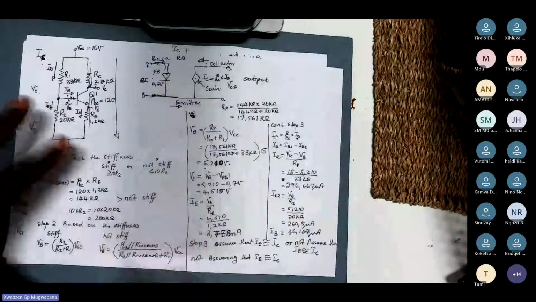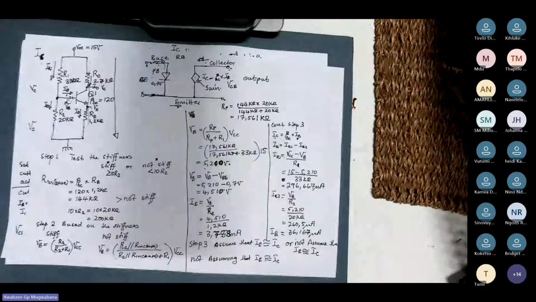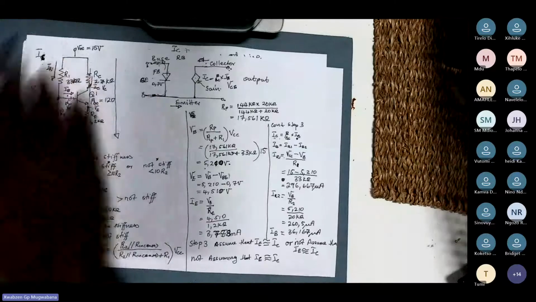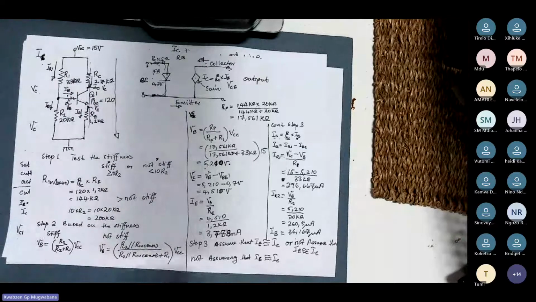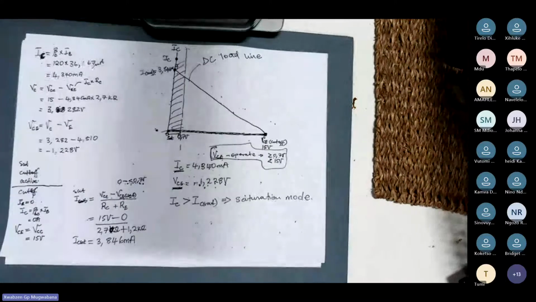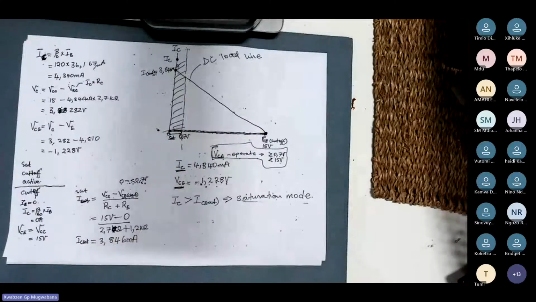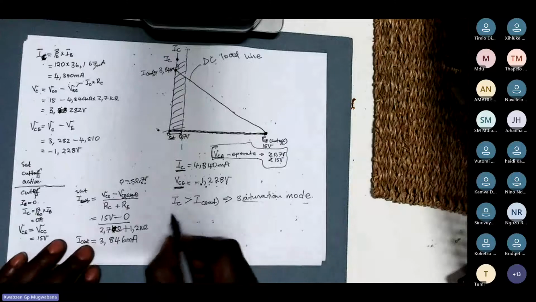But now, based on this calculation of ours, we have seen that this magnitude that we have here is forcing our transistor to go into saturation mode. Now, when it is in saturation mode, I can go and manipulate one or two values so that I can take this transistor out of saturation into the active region.